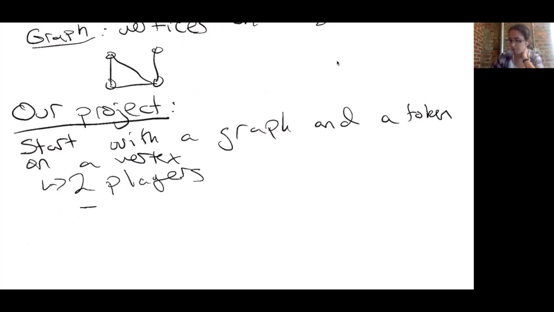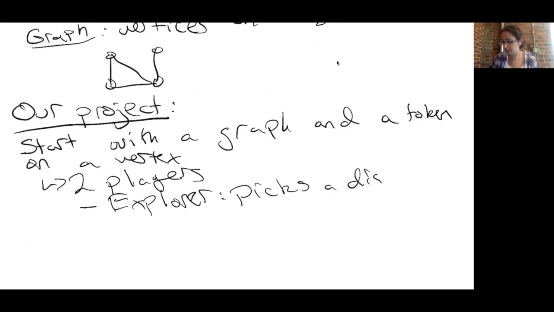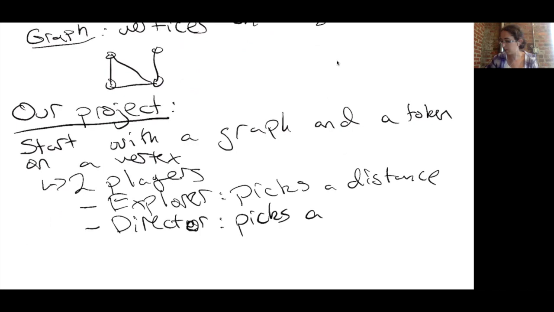What the explorer is going to do is pick a distance, so we'll pick a number. Then the director will pick a specific vertex that's that distance away to move the token, and moves the token there.